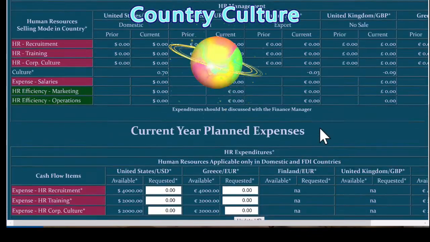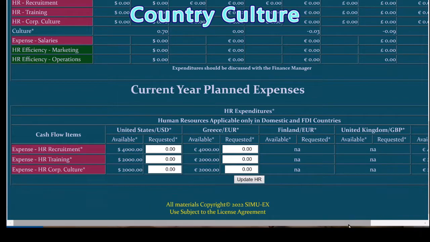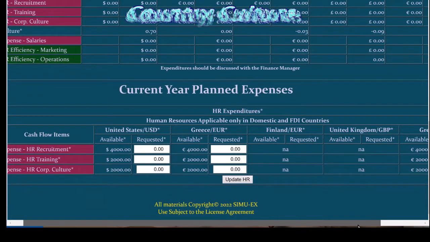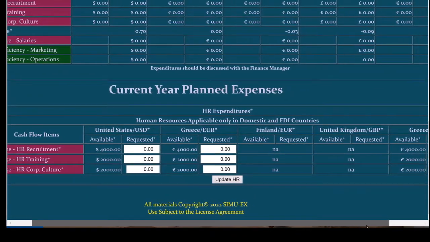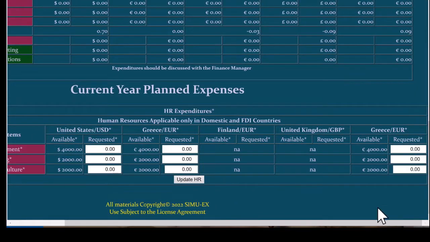So the HR manager, in making the HR decisions, needs to be aware of the cultural component associated with the particular targeted country where a staff complement of resources is going to be built.